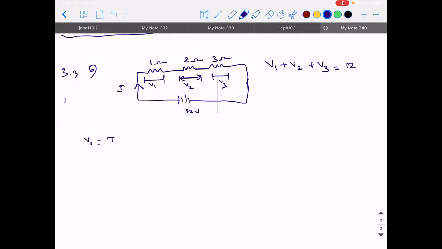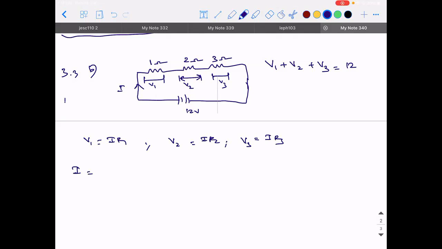Similarly, V1 is equal to I into R1, V2 is equal to I into R2, and V3 is equal to I into R3.